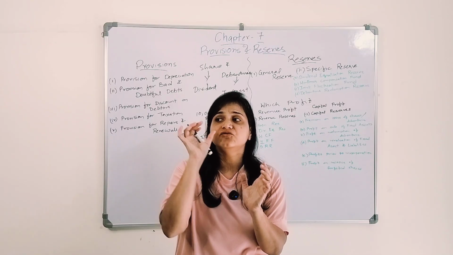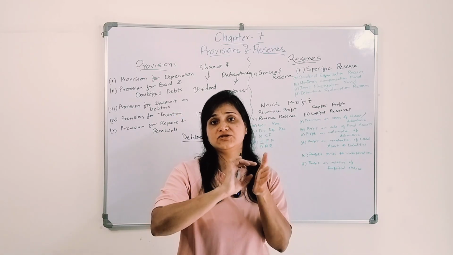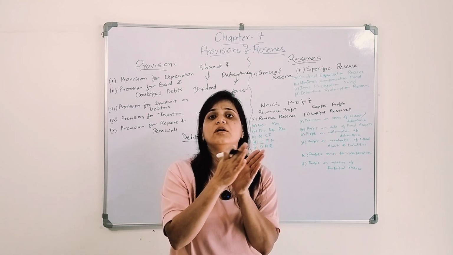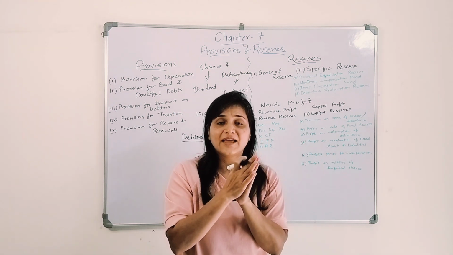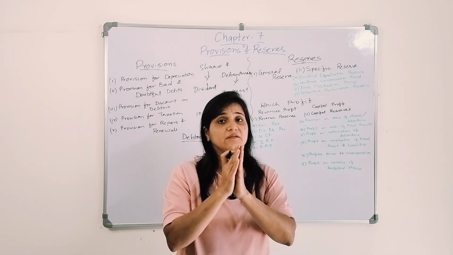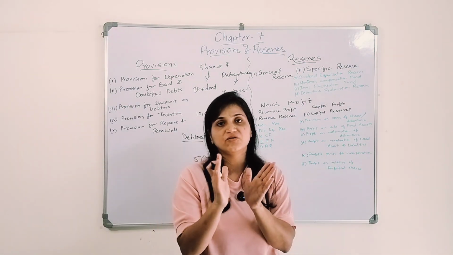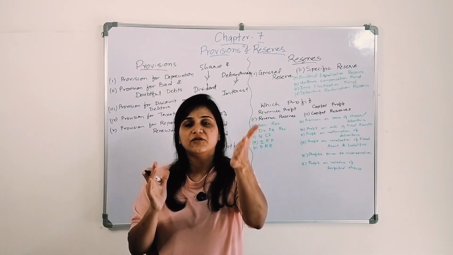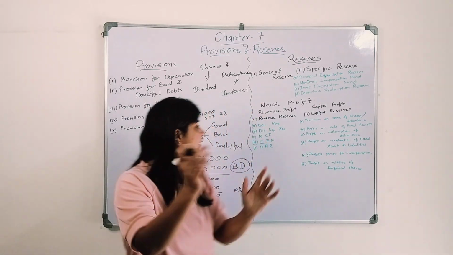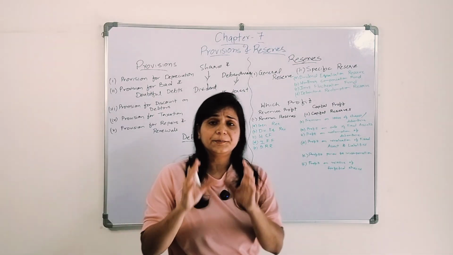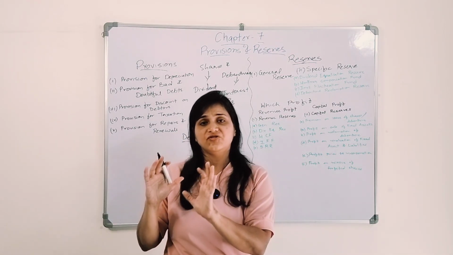The value written on those shares or debentures is called the face value. That is the value the company charges you, in the form of shares or debentures of that particular amount. Let's say it's 10 rupees. 10 rupees is the face value of the shares.